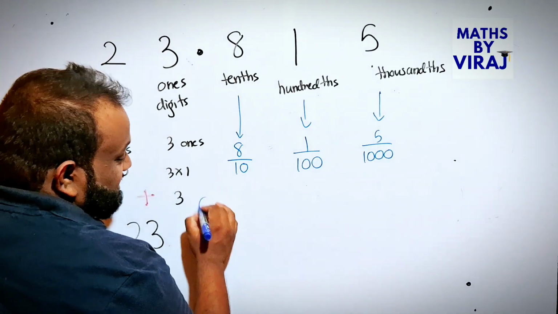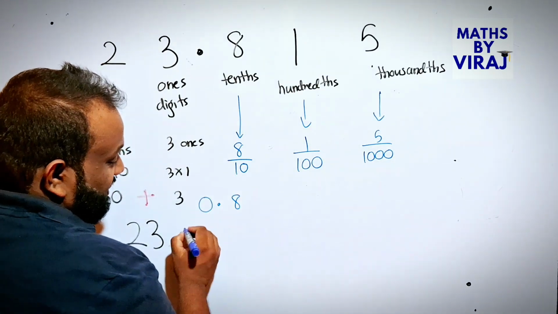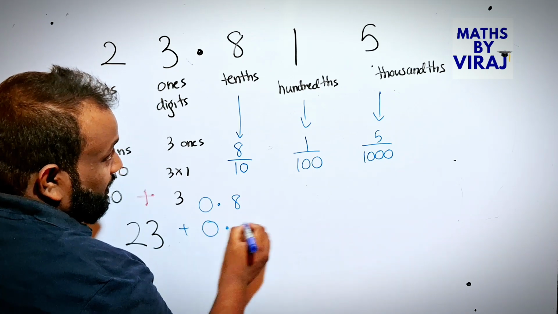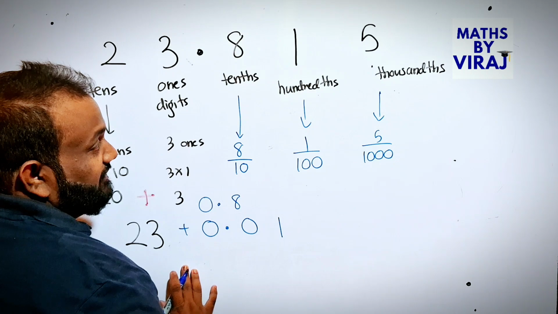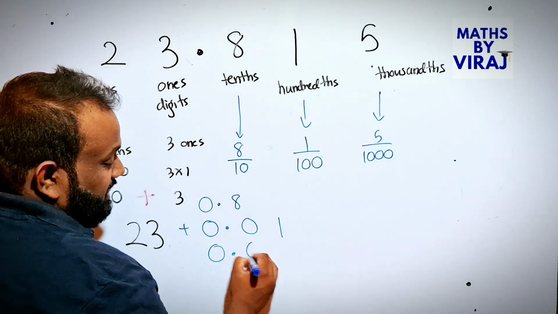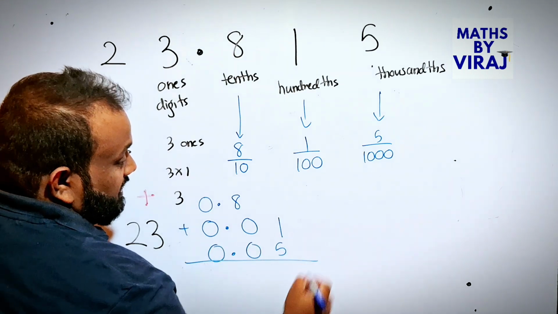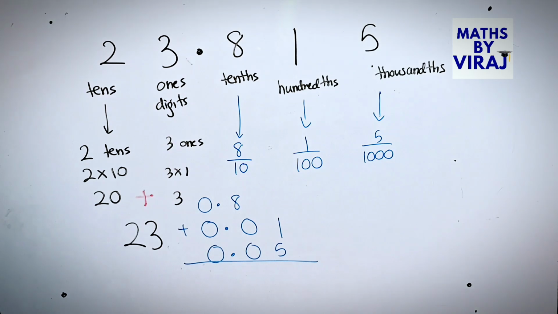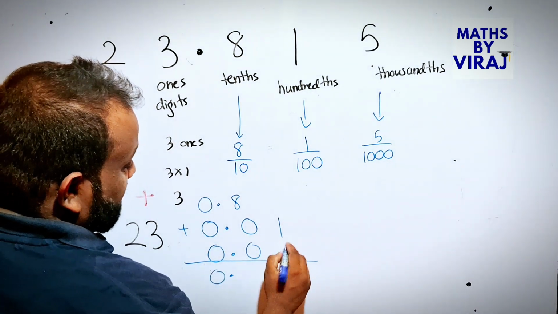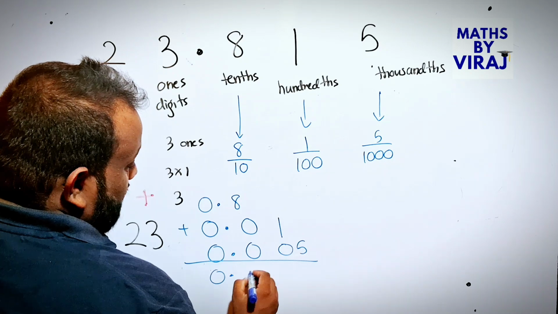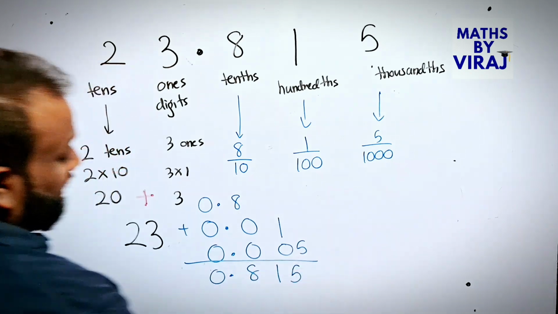Look at this. 0.8 plus 0.01. Then what do we have next? 0.005. And when you add them, what do you get? 0.815.